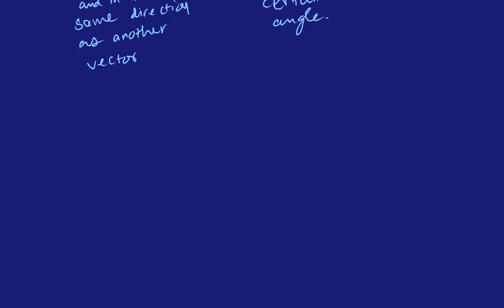So for the first one, let's just say that you want to create a vector, let's say the vector is v.